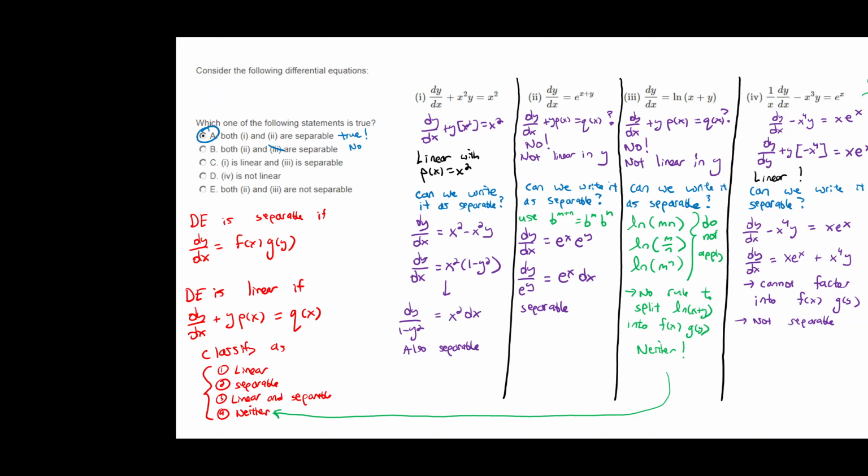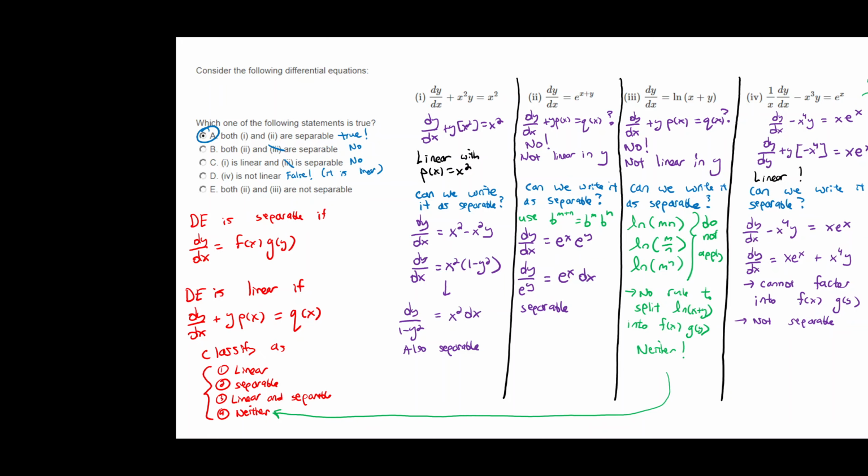Statement C, the first one's linear. That part's true. And the third one's separable. That one's false. Statement D says 4 is not linear. That's false. It is linear. And then both 2 and 3 are not separable.